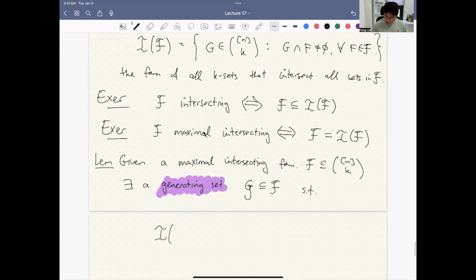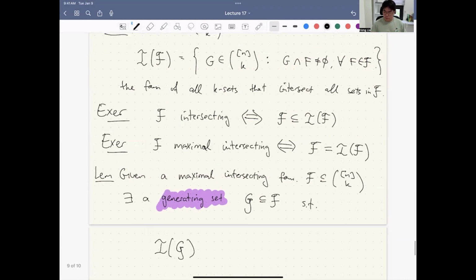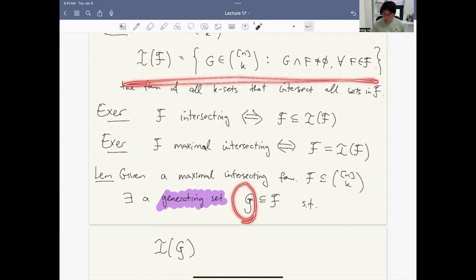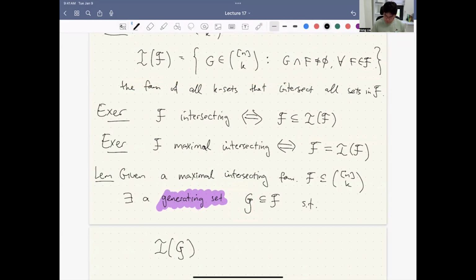Because if you take this I operation on G, defined this way, you take all those k-sets intersecting all those in G, you'll recover F. The name, generating set: the elements in here, if you take this operation, it generates the maximal family F.